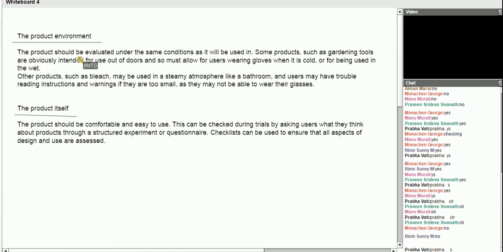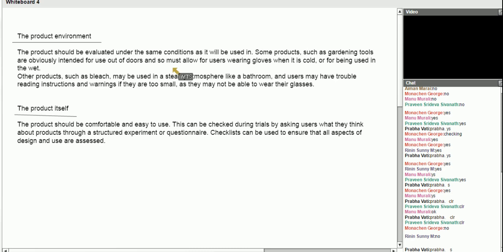The product should be evaluated under the same condition as it will be used in. Right now there are many products whose behavior is directly affected by the atmosphere. I mean to say that their behavior or characteristics will directly be affected by the temperature they are in.